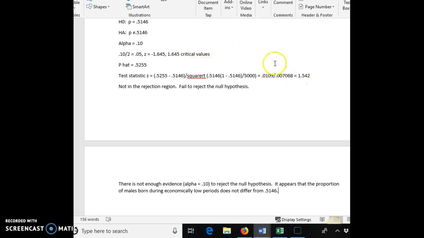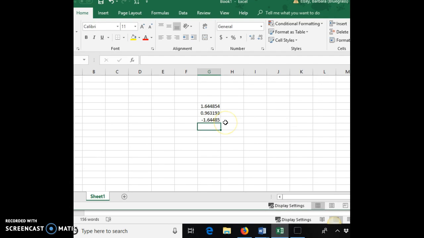Now remember, since this is a two-tailed test and our test statistic was positive, we're going to look this up, subtract it from 1, and then double it. So 1.542 equal norm.s.dist 1.542 true gives us this value, 0.9385.